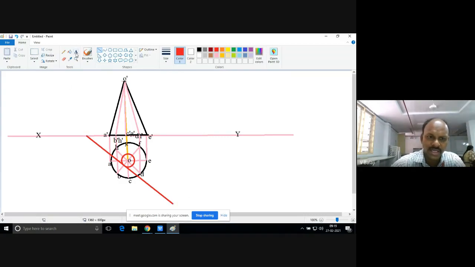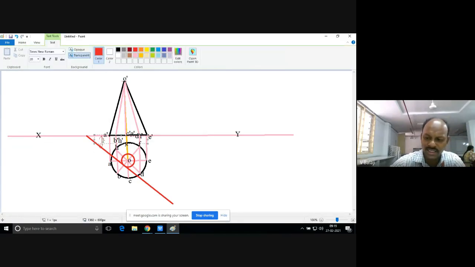Now I am again repeating, this angle you need to set with your drafter. What is this angle? 60. So this angle is 60 degrees.